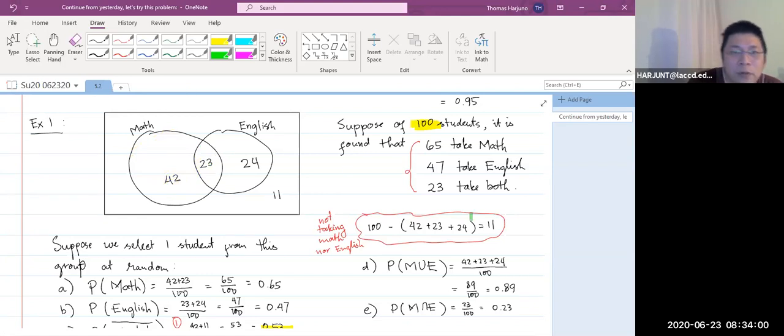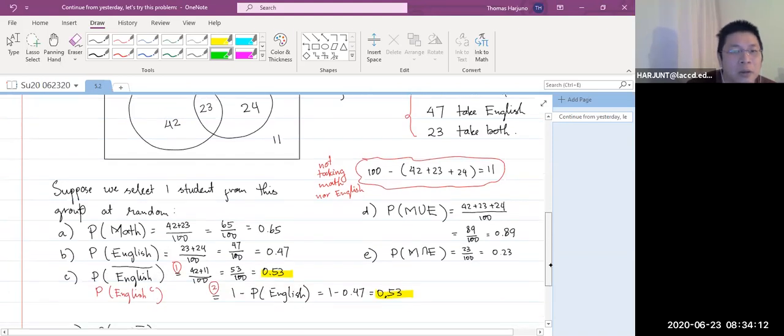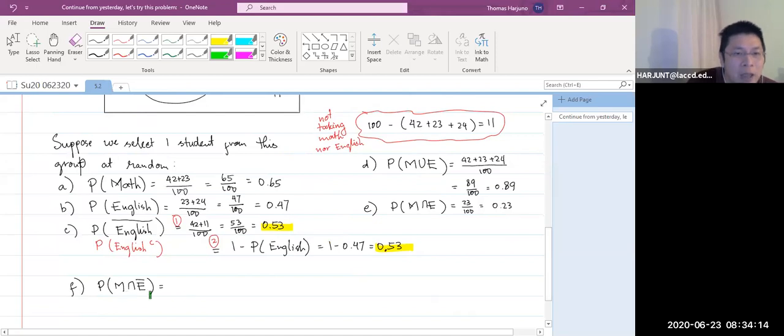Well, if I did that, it would be a lot worse. No, I'm kidding. So there is more than one way to express an event. Okay, math only, math and not English. In this case, that will be 42 over 100. Now, how about part G? 0.42.